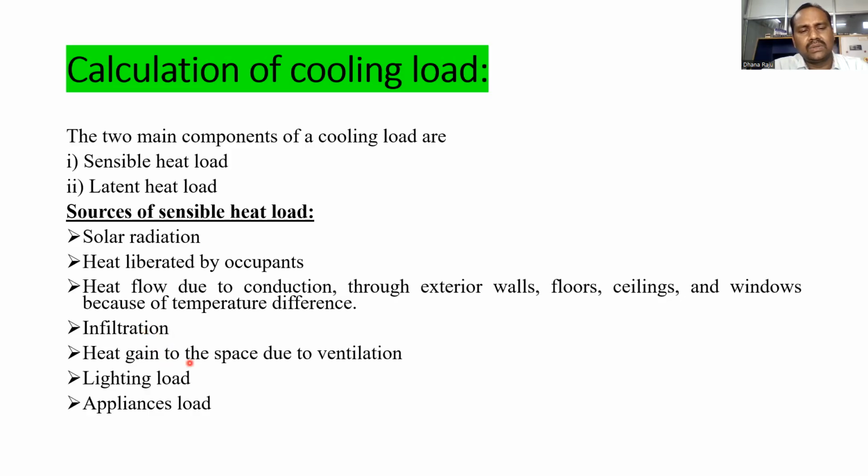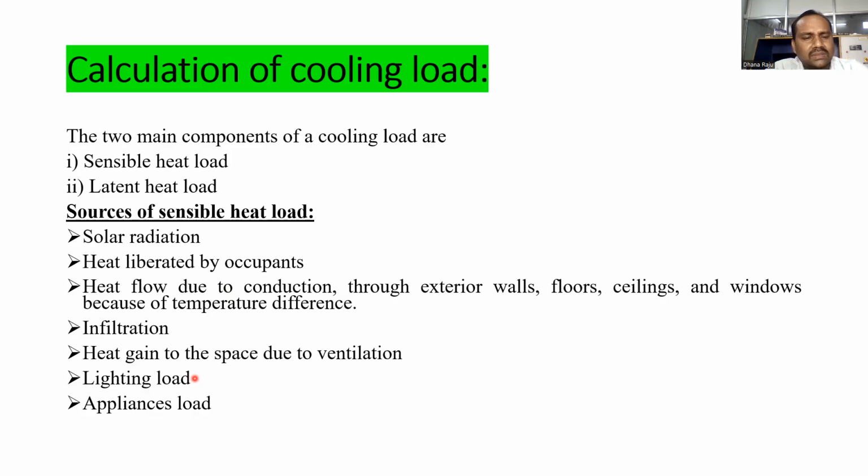And heat gain to the space due to ventilation. We provide a number of doors and windows. For ventilation purposes, sometimes the windows are open. Because of that, the outside hot air enters the room, which adds heat. So it is considered as sensible heat load. And for brightness, we are using a number of electrical lights.